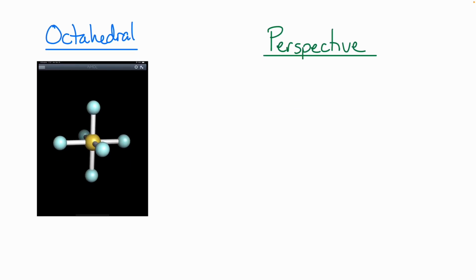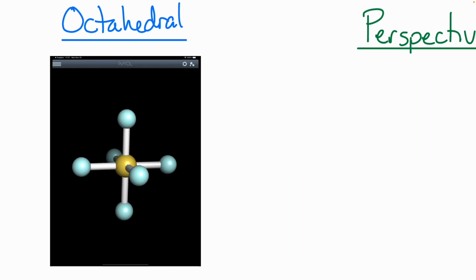Okay, an octahedral here. Now we should have 4 straight line bonds. 1, 2, 3, 4. We got this one pointed out of the page, so this one we're going to put on a wedged bond. The other one pointing into the page, we'll put on a dashed bond.